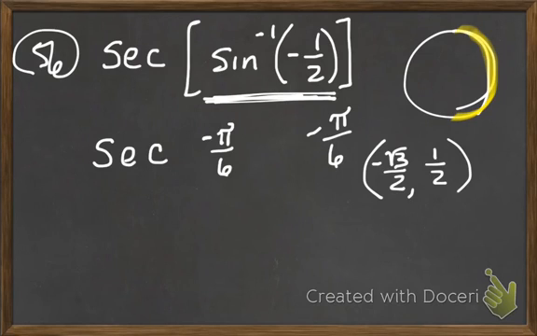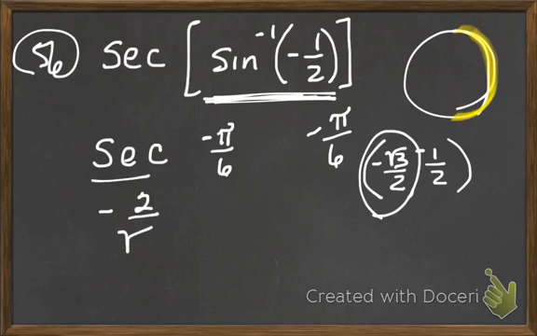Is that the right ordered pair? Negative 1/2. Alright, so the secant value would be the reciprocal of x. Alright, so the reciprocal of that would be negative 2 over square root 3. Secant is the reciprocal of x.